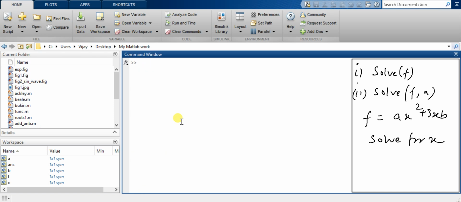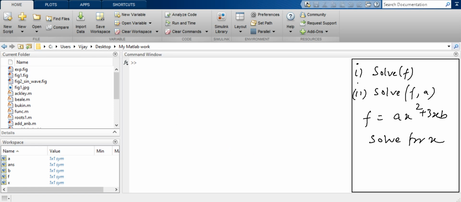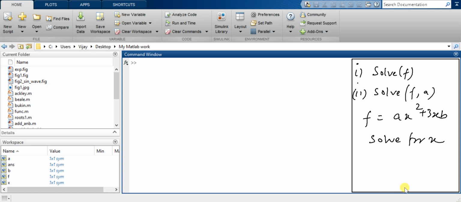Now let's try to solve another example. The second example is f equal to 4x square plus 3a plus 2. We want to solve for a as well as for x. So let's try to solve.